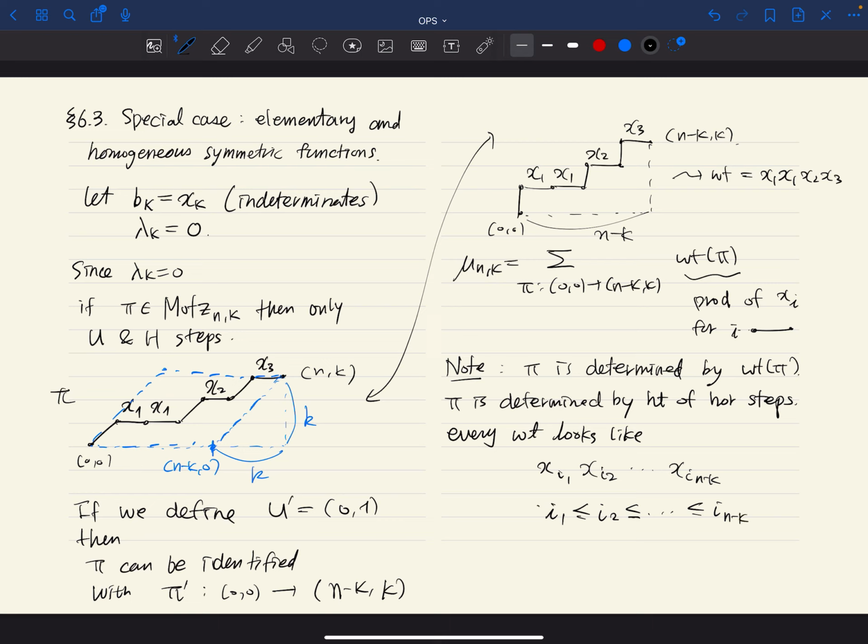And what is the bound of the smallest one? It may be 0, so it's 0. And what is the largest possible? This is k, so it's k. So in other words, mu sub nk is a generating function for all such sequences.